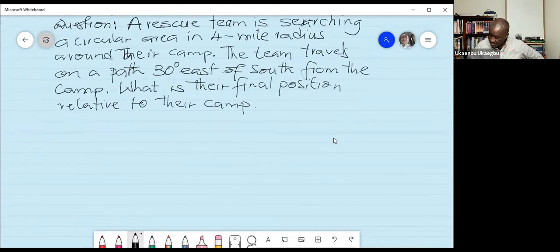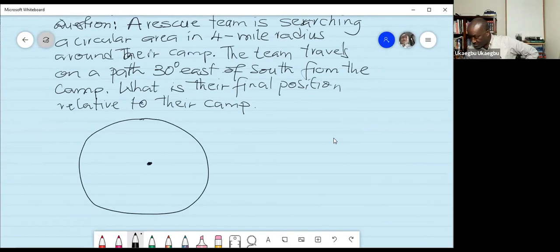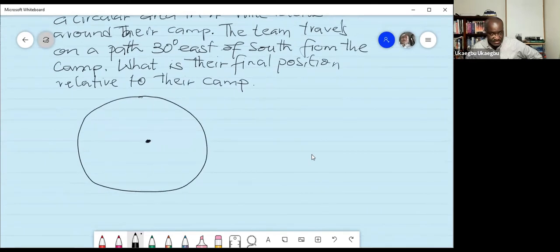So they said a camp is here and a 4-mile radius is a circular path like this. You can draw a better circle than I did, but at least get the gist that it is a circular path that they are talking about. And here is the center.